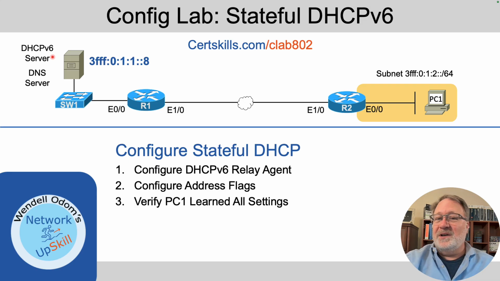Your job is going to be to figure out where to configure the relay agent and the M flag, and verify then that PC1, which is actually a router acting as a client computer, did really learn all of the appropriate settings.